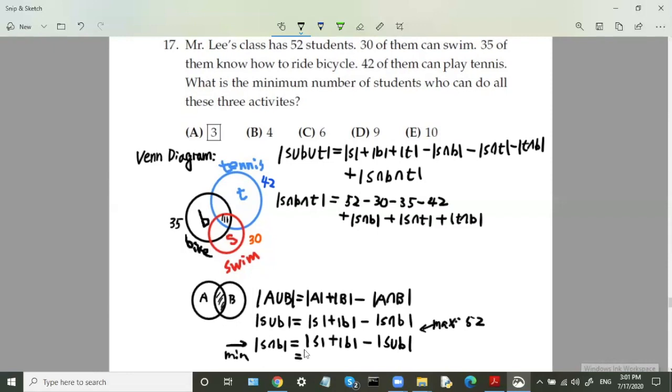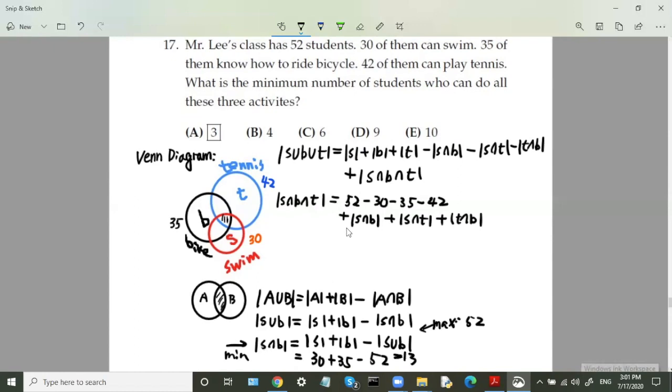So S is 30, B is 35, subtract the 52 equals 13. So that's the minimum number for the intersection of S and B.